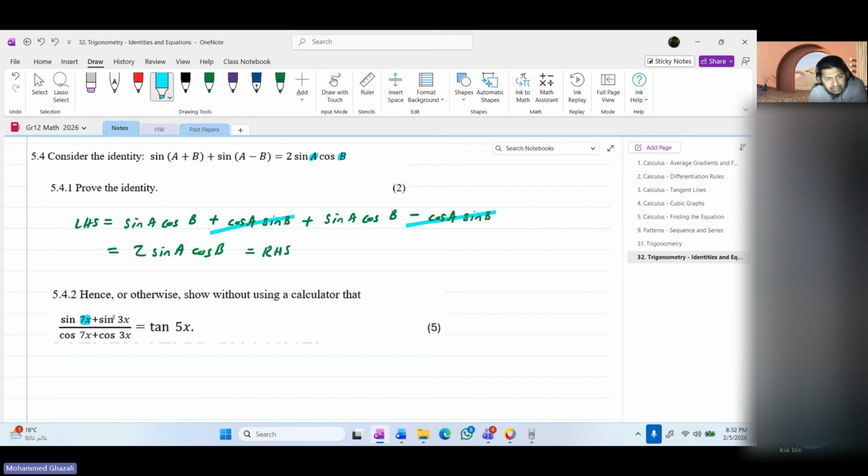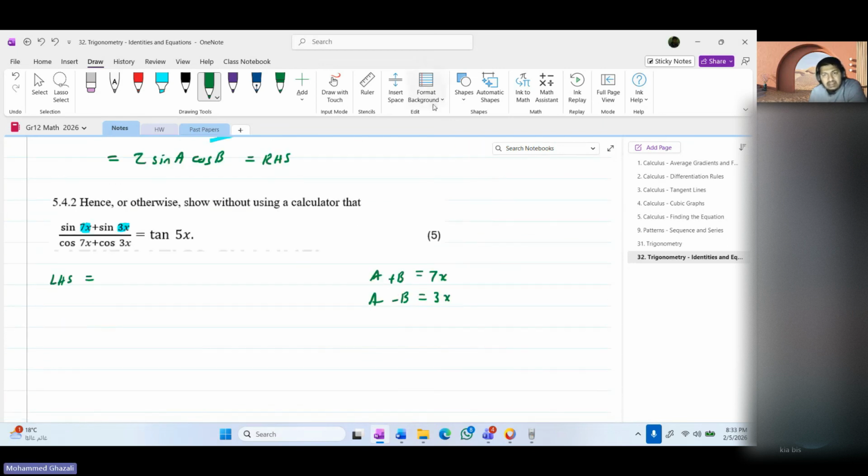We're going to break the 7x up into A plus B, and the 3x up into A minus B. So we need to say A plus B is equal to 7x, right? And we need to say A minus B is equal to 3x.